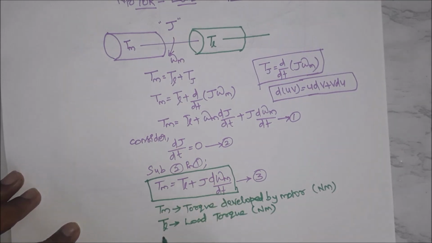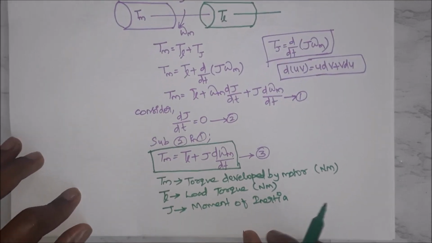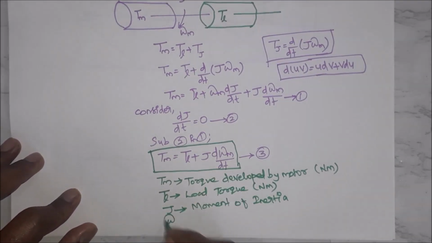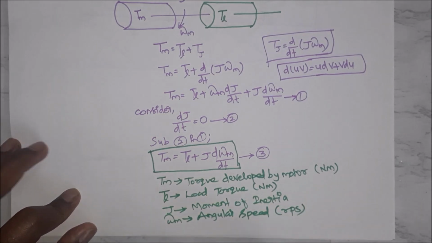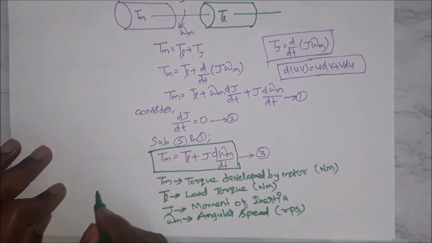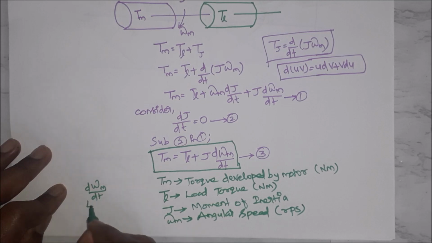Here J represents the moment of inertia, and omega m is the angular speed in radians per second. And d omega m by dt represents angular acceleration.